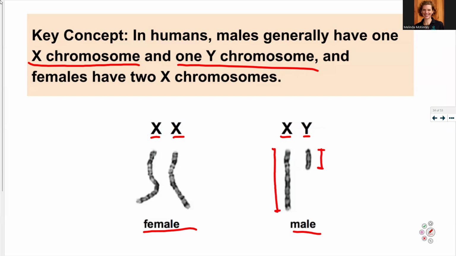So there's actually a lot more genes over here on the X chromosome that are not represented over here on the Y. And so it only takes one allele, whatever that allele is that's carried on the X chromosome, for that characteristic to be expressed.